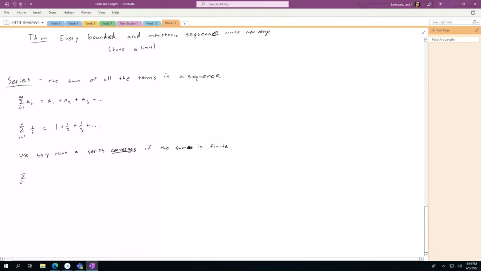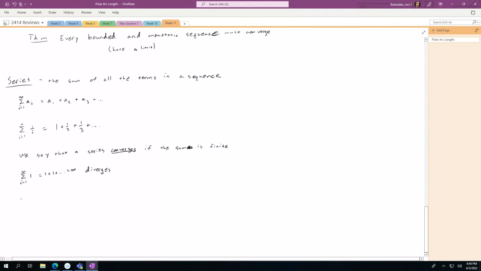A quick example of something that isn't convergent would be if we just took 1 and summed that up an infinitely many times. Because yep, this is just going to go to infinity, right? So we say that it diverges because it doesn't go to a specific finite number.